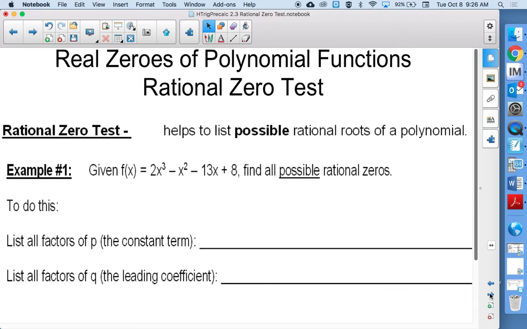So it enables us to factor with an untraditional sense of factoring, because really anything being broken down is a method of factoring. So the rational zero test helps us find a possible list of roots. A root is the same thing as a zero, it's the same thing as an x-intercept.